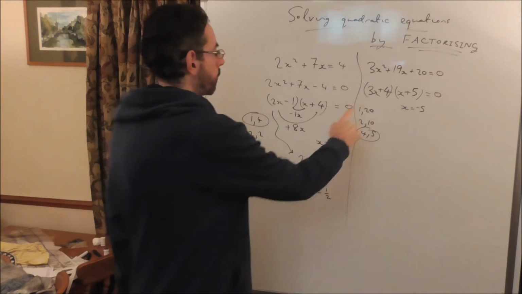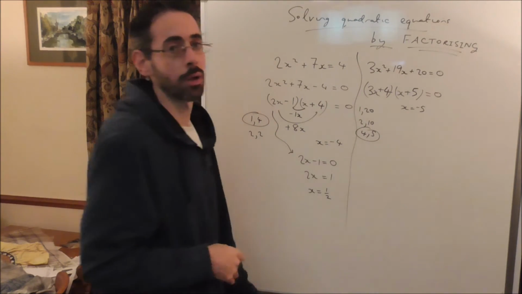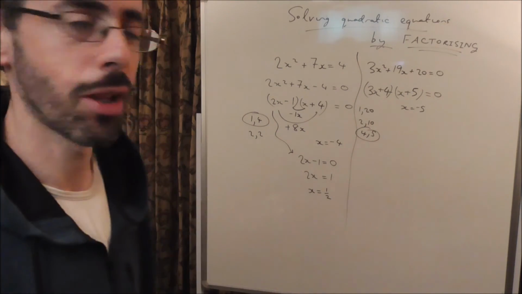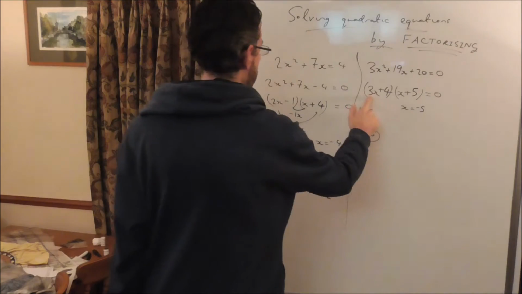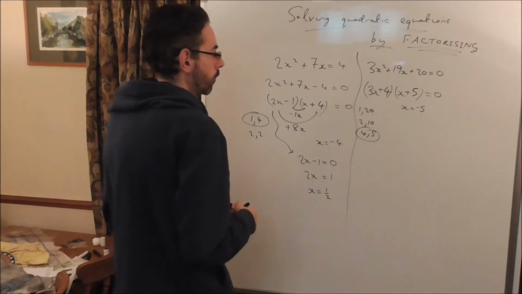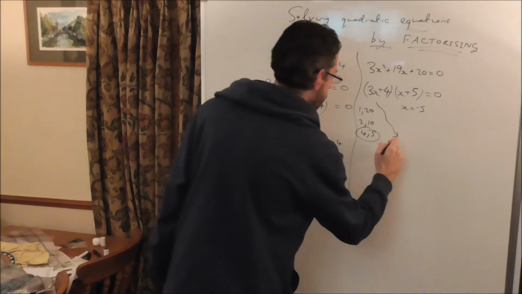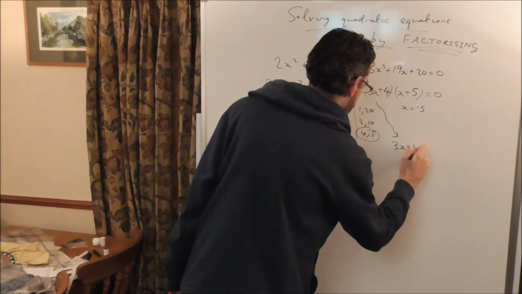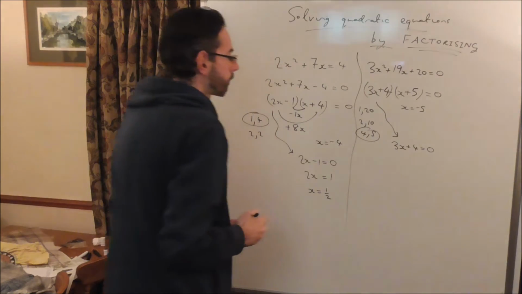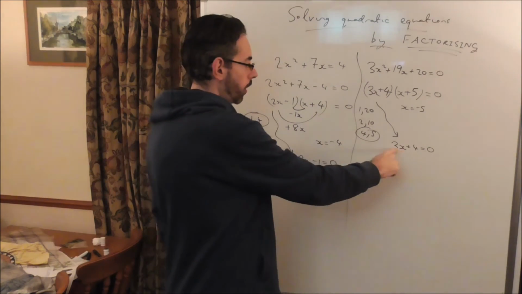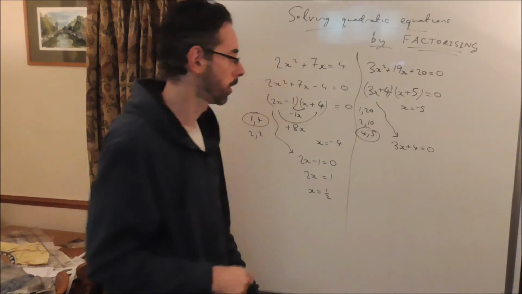And which value of x makes this bracket 0? Again, it's a bit harder because of the 3 in front of the x. So whenever you have a number in front of x, you can always solve an equation at the side. You can just set this equal to 0. We want 3x plus 4 to equal 0. By solving the equation, we'll find the x value that makes this 0.